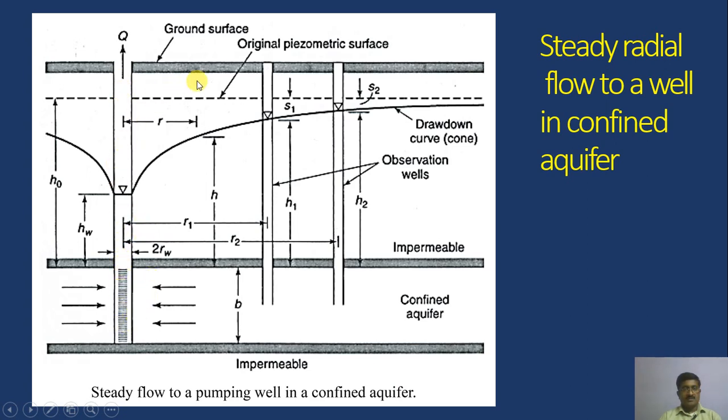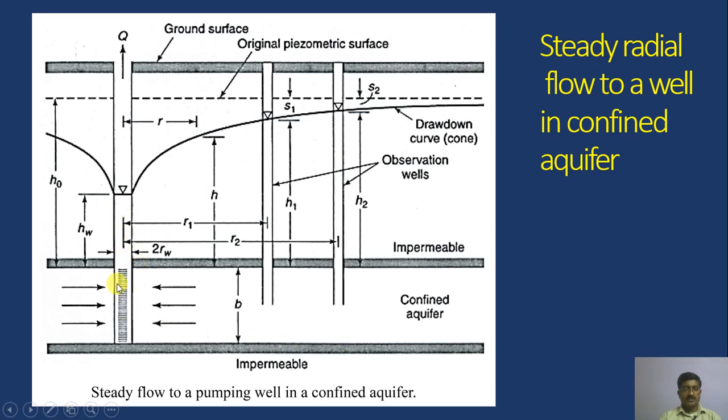The same terminology will be used in this session as well, only instead of the confined aquifer, we are now considering the unconfined aquifer, where the water is not trapped between impermeable layers; it is present only on an impermeable layer.